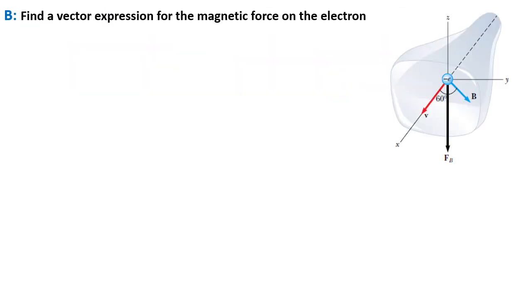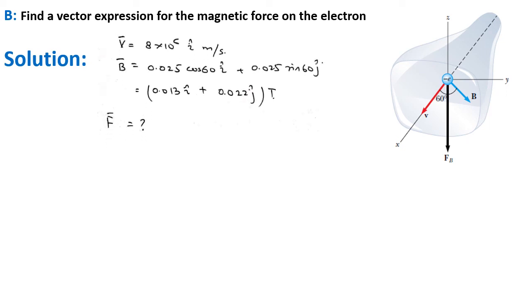Now in part B, it is said to find a vector expression for the magnetic force on the electron. So we have to find the vector expression for the force. For that, we will write the speed in vectorial form, that is the velocity. As we can see that the velocity of the electron is along the x-axis, so I can write 8 into 10 raised to the power 6 unit vector i, that is pointing in the x direction.